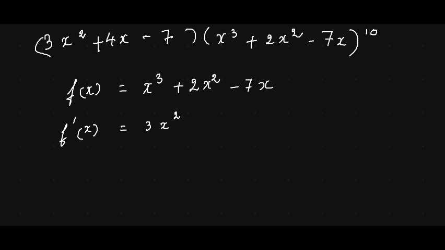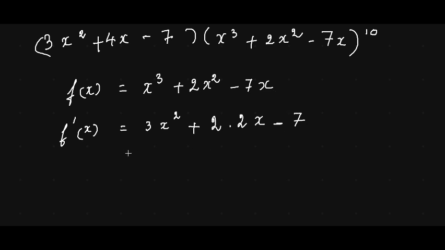Okay, and then plus 2 multiplied by the derivative of x squared is 2 multiplied by 2x to the power of 2 minus 1, which is x to the power of 1, that is x. Minus 7, and here it says x to the power of 1, well, that is actually equal to 1 x to the power of 1 minus 1, which is x to the power of 0, and x to the power of 0 is 1, and therefore that is minus 7.